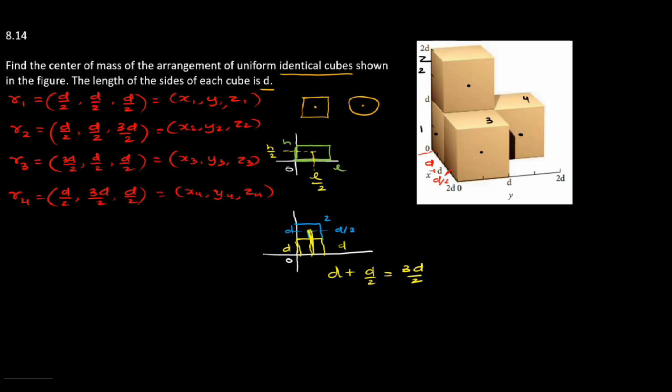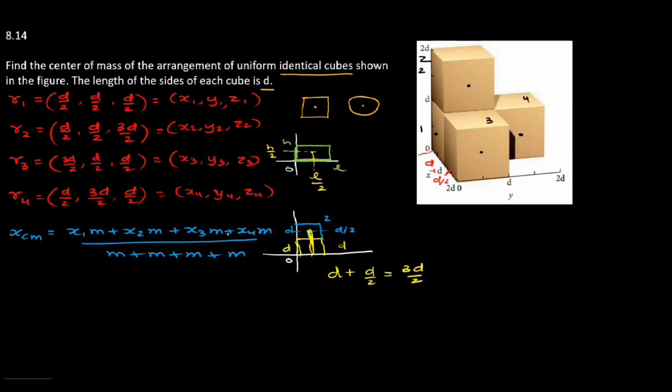To find the position of center of mass of the whole system, we will find its position along each of the axes, x-axis, y-axis, and z-axis separately. So along x-axis, I can write the position as xcm for center of mass to be x1m plus x2m plus x3m plus x4m over m plus m plus m plus m for 4 boxes. Generally, the rule is x1m1 plus x2m2 plus x3m3 plus x4m4.